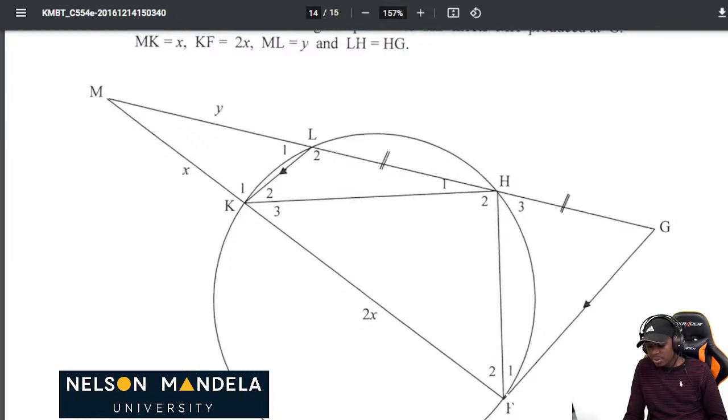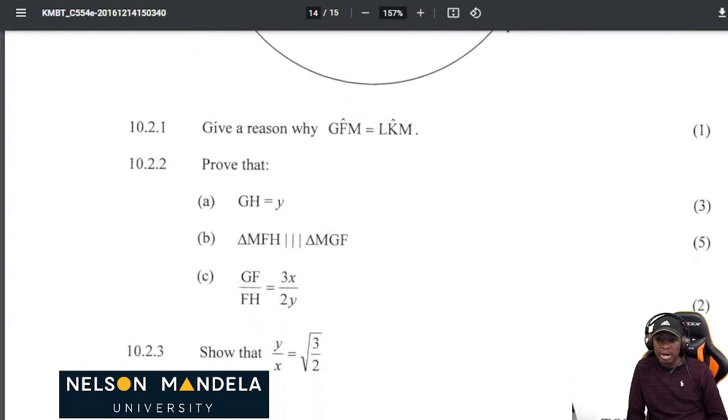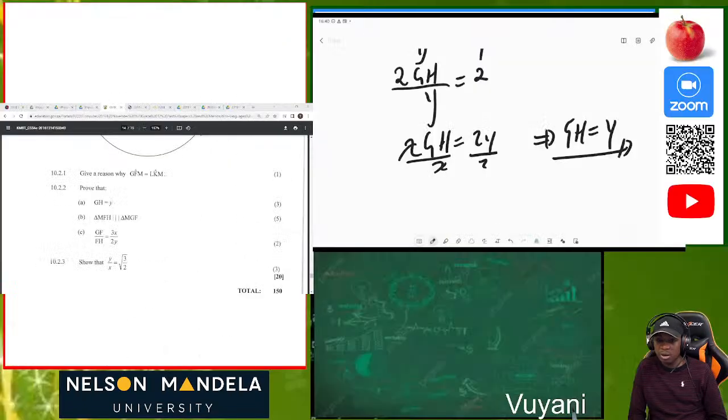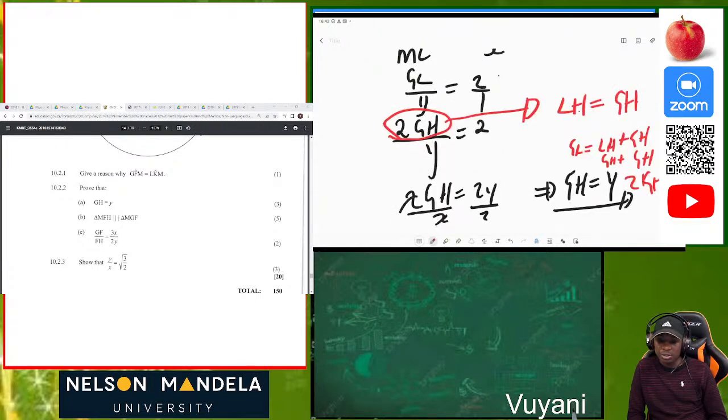But knowing that LH and GH are the same, it's going to be GH plus GH, then GH plus GH is 2GH. Then we can see that that is our answer. So that is important, guys, to be able to see well and properly so that you don't doubt your answer.